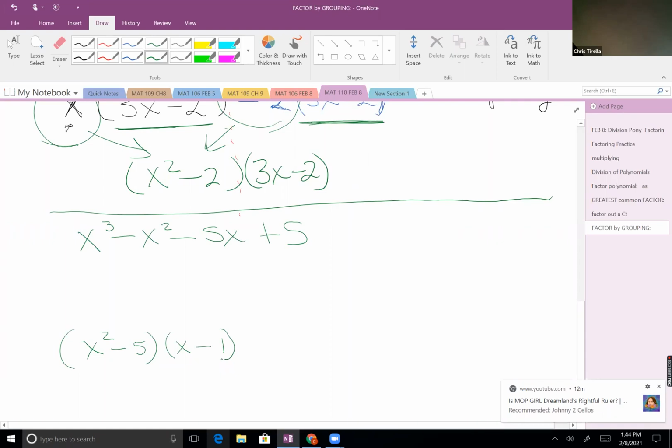Or do you have it? I'm sorry, I heard you say something, but I couldn't make out what you said. Yeah, I've got it. You got it? Did anybody else get x squared minus 5 times x minus 1? No. Okay, let's look at it then and add the details.